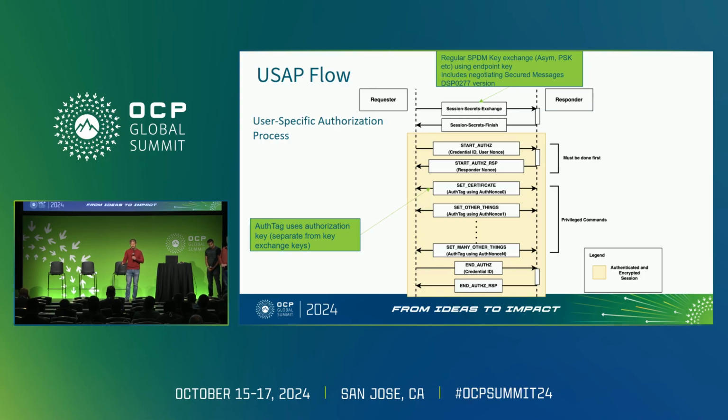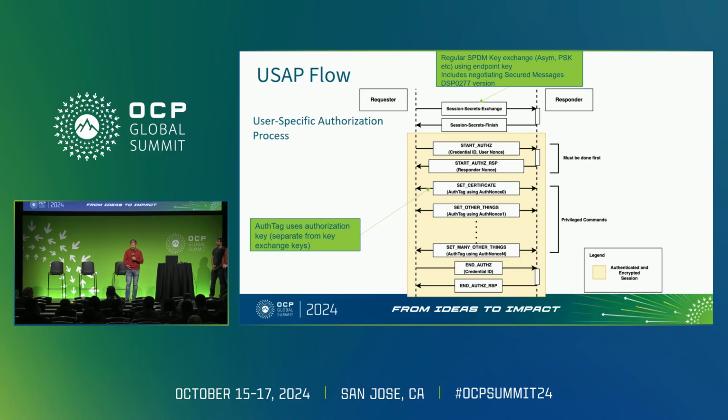Every privileged command that comes in during this time frame would expect an auth tag payload for it to be validated. And this auth tag, as mentioned before, can accompany any protocol. So it's not only an SPDM protocol. If you're doing MCTP or PCIe commands, this process provides that framework.